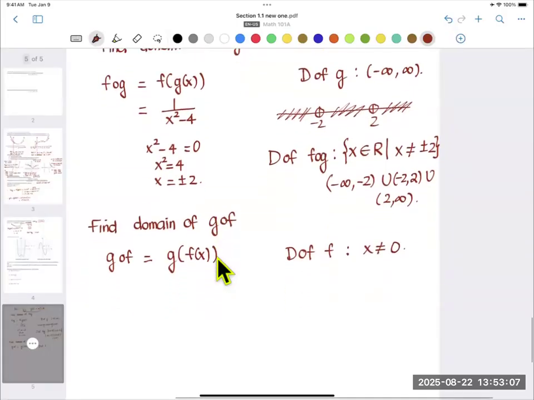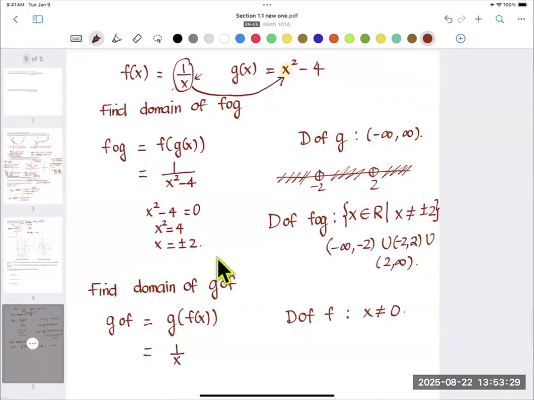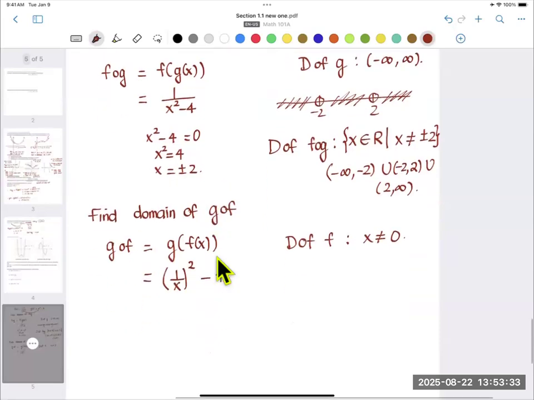And then we're going to find a new expression for g of f. We're going to have to look at the function g, take the function f, and replace the x value in function g. So we will have 1 over x replacing x, and then squared, minus 4.